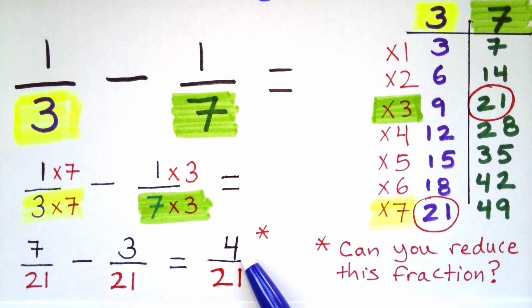Is there a number I can divide into 4 other than 1 that I can also divide into 21? Well, let's start with the smallest number we can other than 1. 4 can be divided by 2 because 2 times 2 is 4. But 21 cannot be divided by 2 because there's no number times 2 that gives me 21.